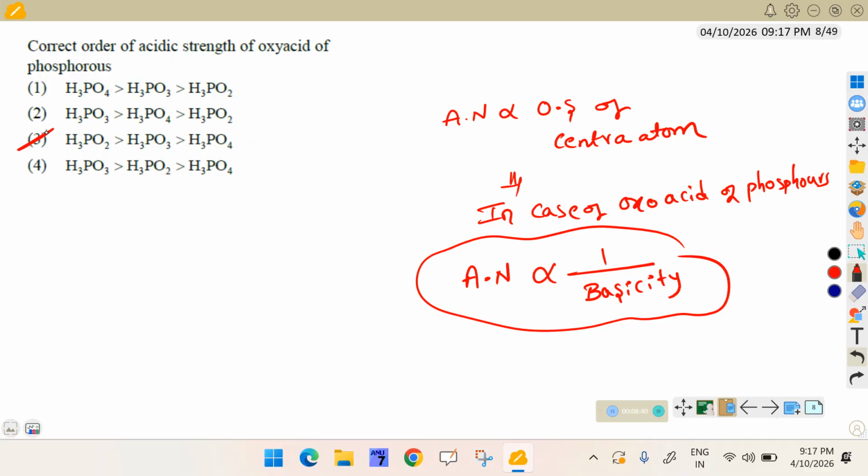So third option is correct. H3PO2 basicity, number of replaceable hydrogen atoms is 1. H3PO3, number of replaceable hydrogen atoms is 2. H3PO4, number of replaceable hydrogen atoms is 3.